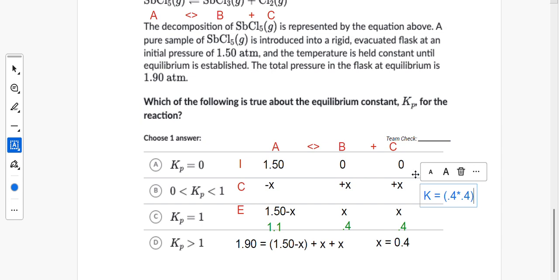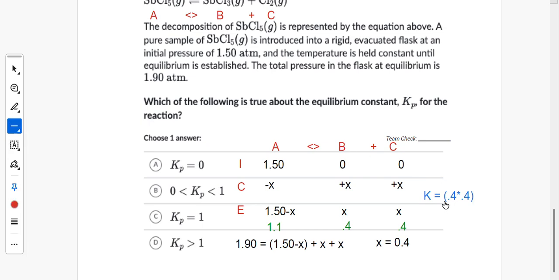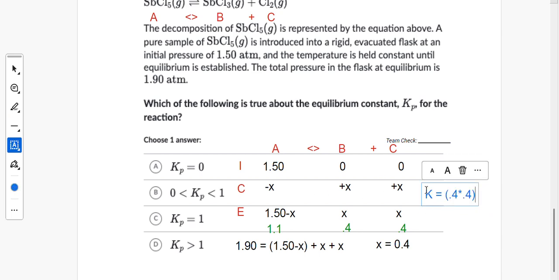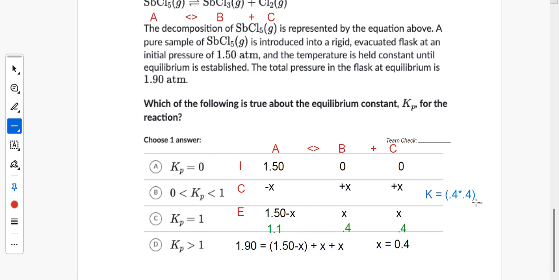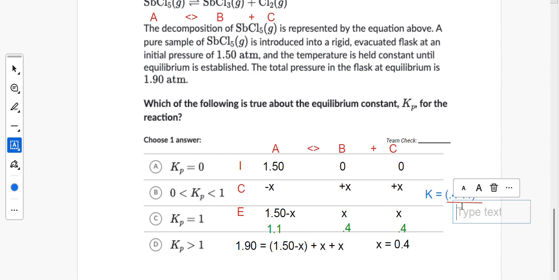Divided by, well, hell. On a whiteboard, this is a lot easier. We got this. 0.4 times 0.4, those are my products right there, divided by my reactants, which is 1.1.